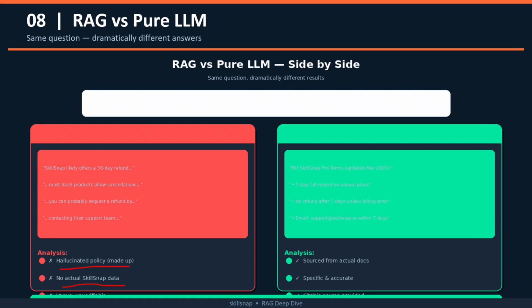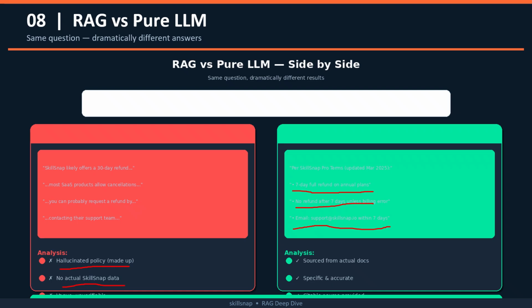In comparison, RAG will give me a perfect answer. Like it's giving me a 7-day full refund on annual plans, no refund after 7 days, and email support at skillsnap at support.io within 7 days. Now, if you see, for the LLM it says SaaS products, it just says refund, and you see the difference.